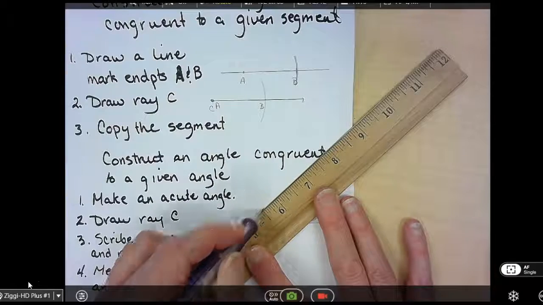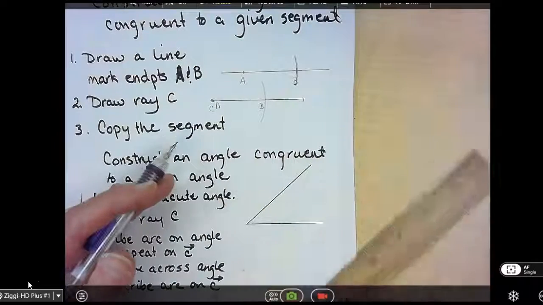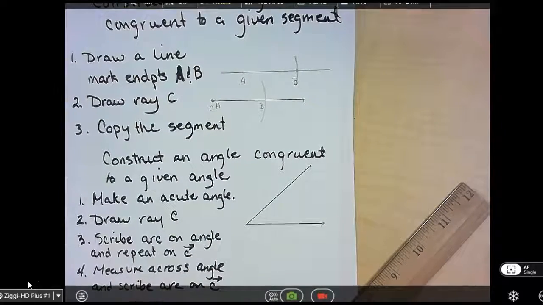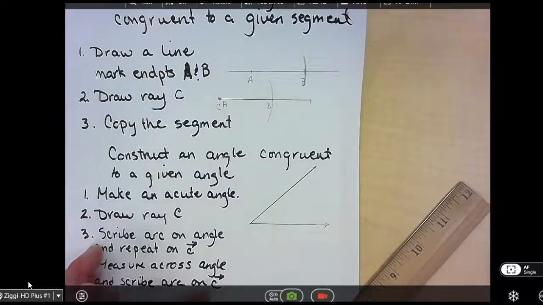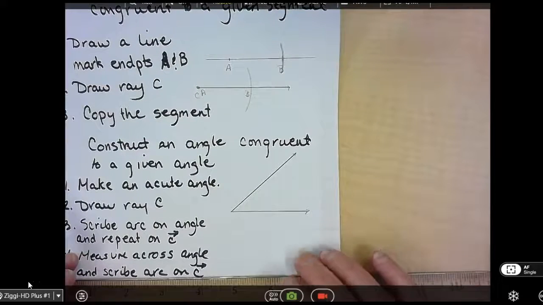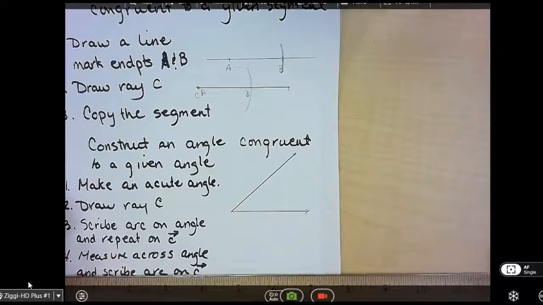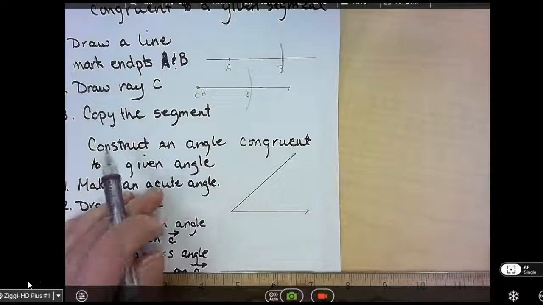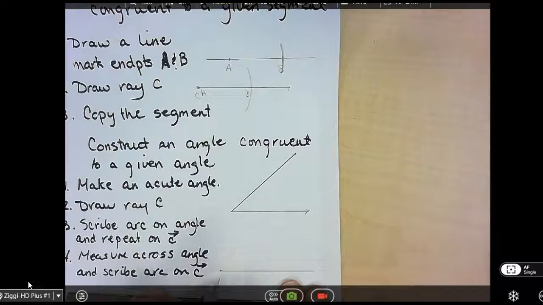Don't want it too tiny. Don't want it too big of an acute angle. If you want to label it, you can. It doesn't matter. So the second thing we want to do is draw ray C. Because we're copying this angle, make sure you have room that it can be copied. And I'm going to draw ray C.